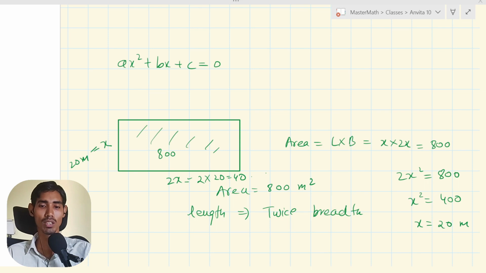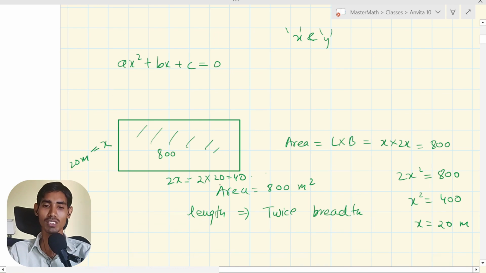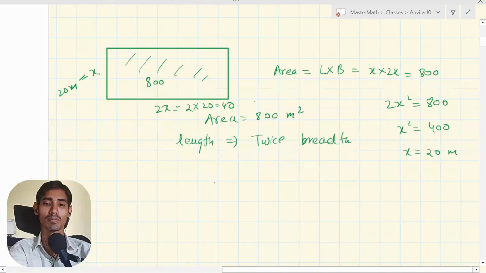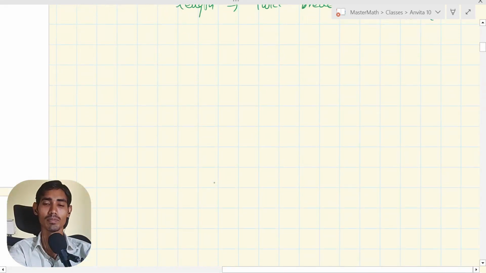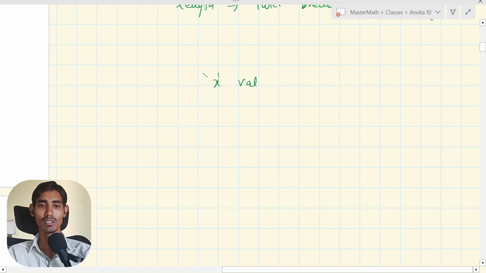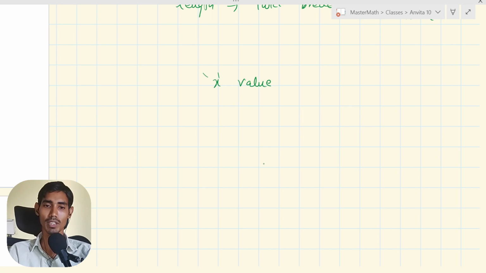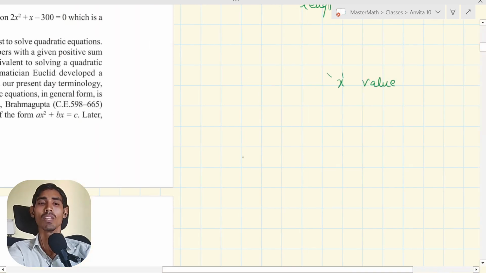What was our goal in that? To take out the solution of x and y, to get the value of x and y. So what should be our goal for this chapter? To take out the value of x. Yes, that is our goal for quadratic equations.